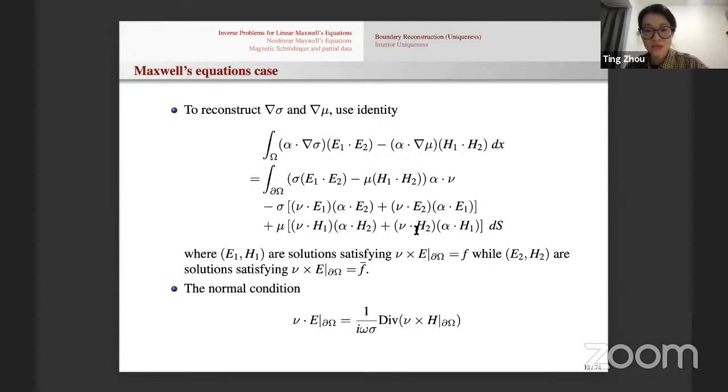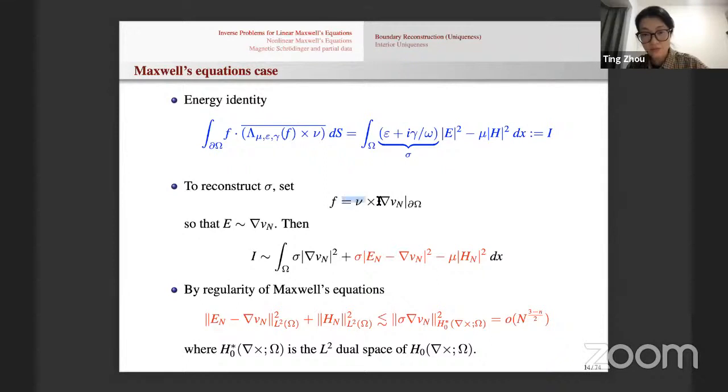That way we can compute this complicated right-hand side to get the left-hand side, where you have the same structure as before, and you set E1 and E2 to be the gradient of Vn. Sorry, the F here will be the tangential part of the gradient of Vn.